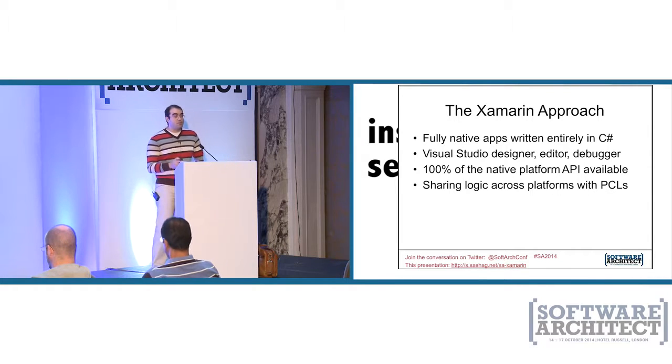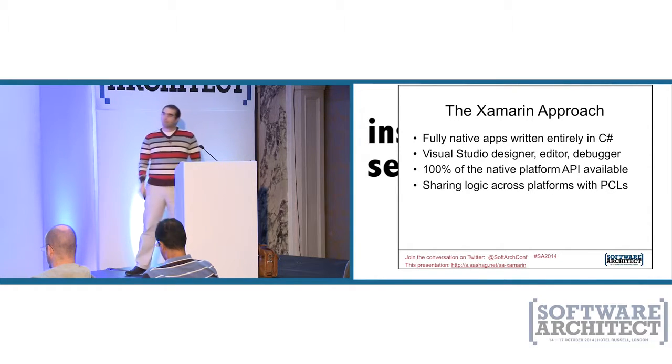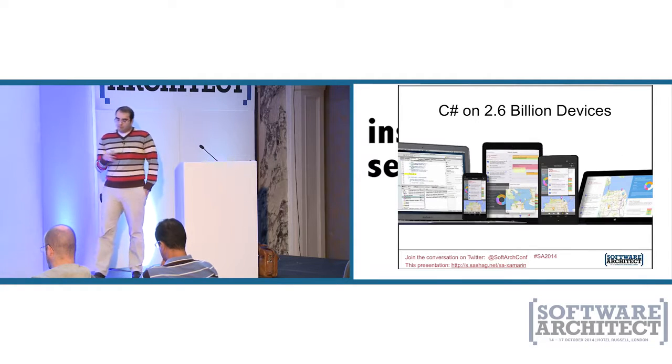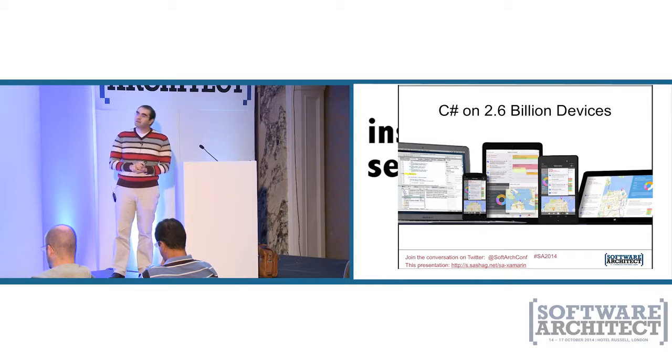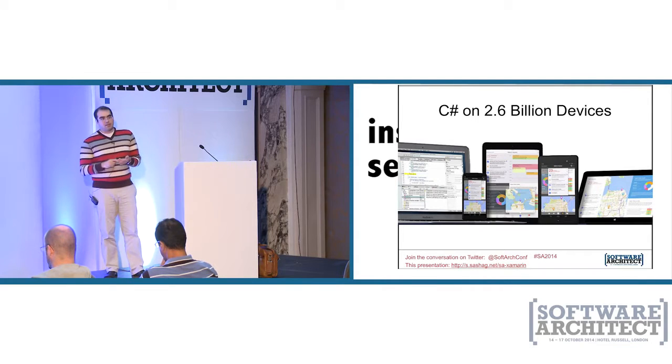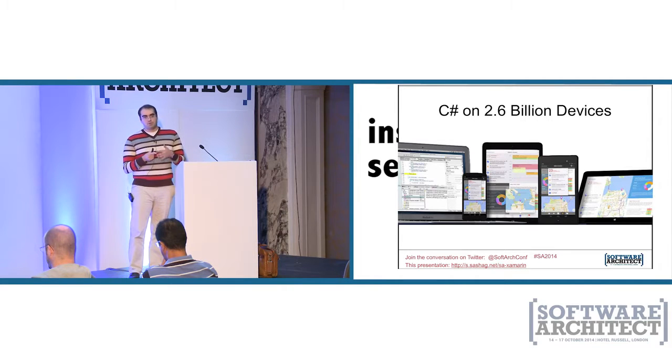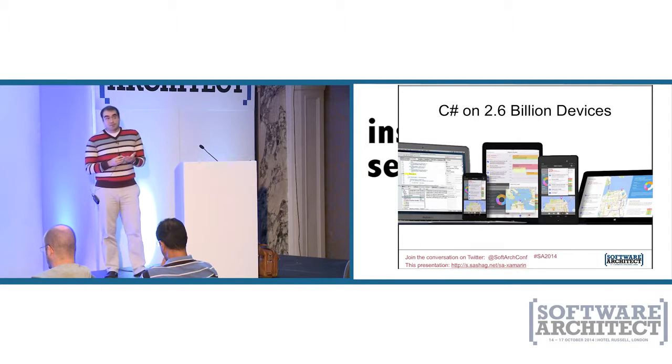And that can pretty much be our reality with Xamarin. And so with Xamarin, you can bring your C# code to roughly 2.6 billion devices. And this includes iPhones, Android phones, Windows PCs, which could already run C#, of course, and Macs as well.